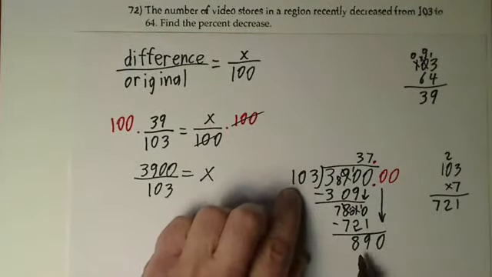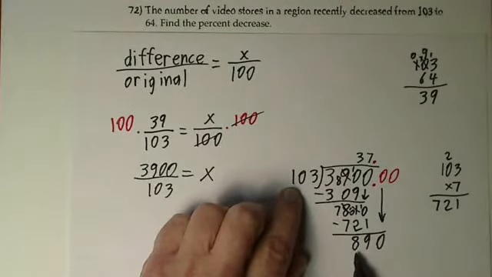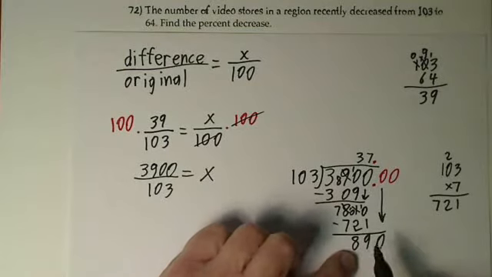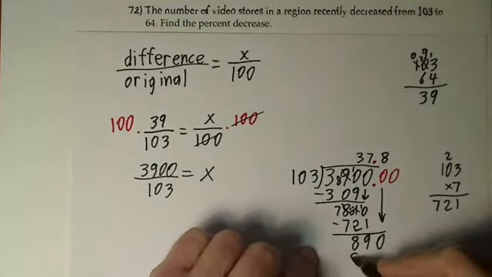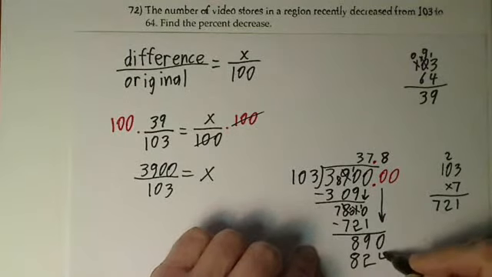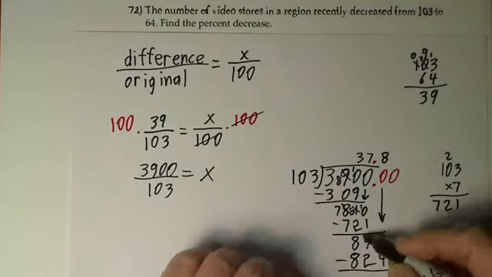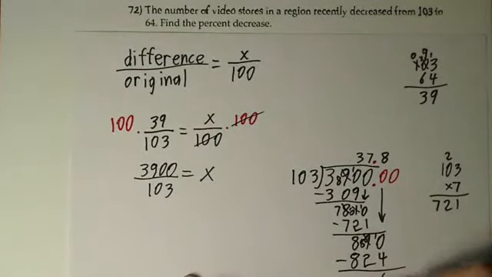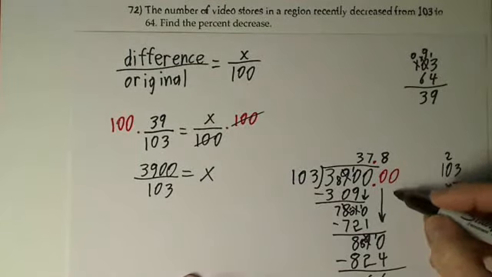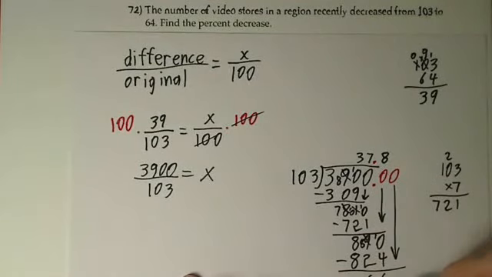If I say it goes in again, this time 8 will work, because that would be 824. So we have 8, and that gives us 824, and 66. I'm going to bring down this next digit.